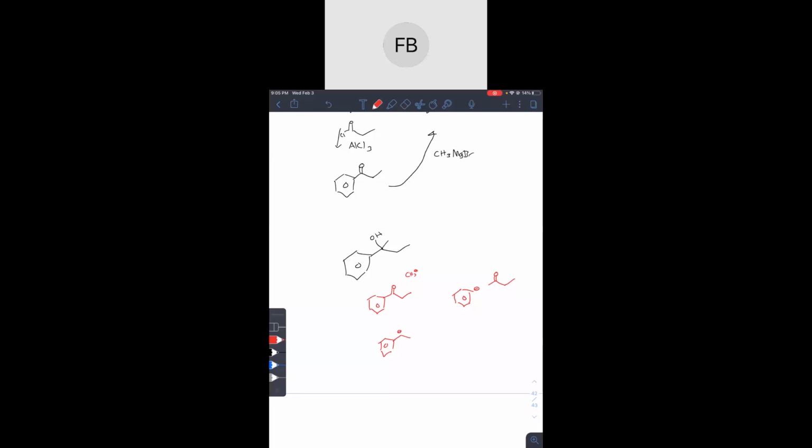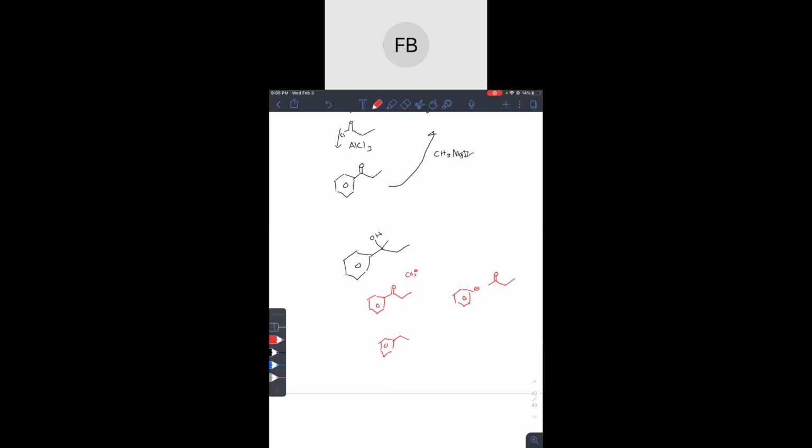Wait, why can't you have CH2CH3 MgBr at the end, as a separate thing that is not attached to the benzene? Yes.